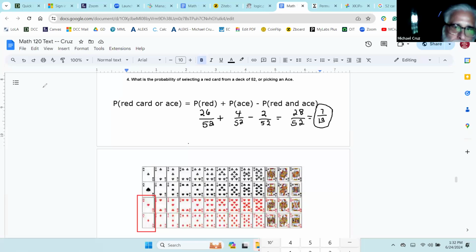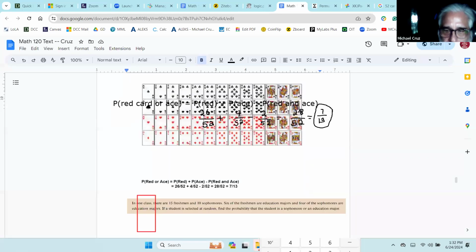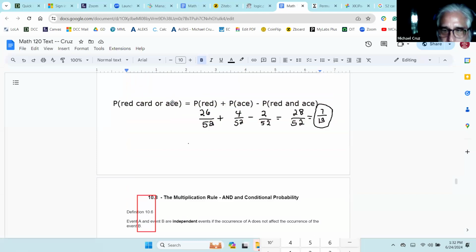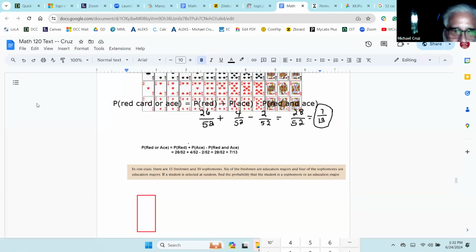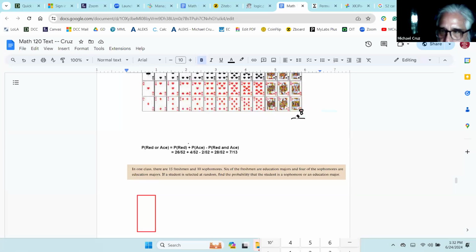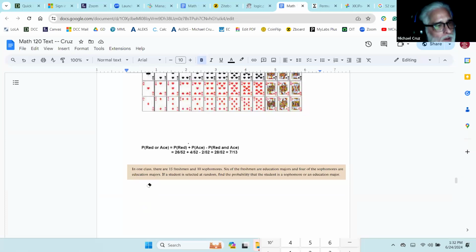All right. Let me see if there's anything else I can do here. All right, let's do this last one. My brain wants to get out of here early, but let's try one more that involves not mutually exclusive.